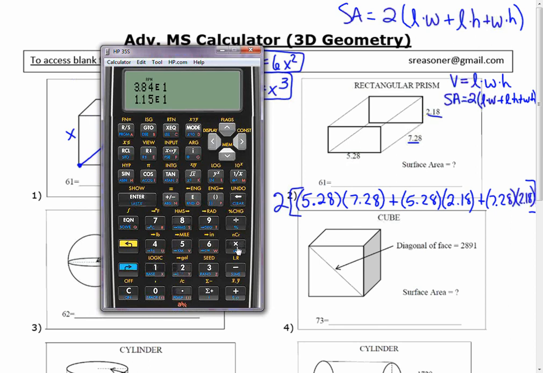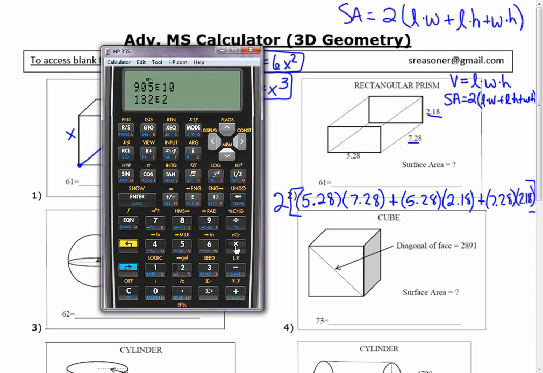And then we want to add that to the product that we got for the first set. Then move on to the last set, 7.28, enter, 2.18 times. And we'll add that to the other two sets that we already added together. So those are those 3 faces added together, but since they all show up twice, we'll end with a 2 times.